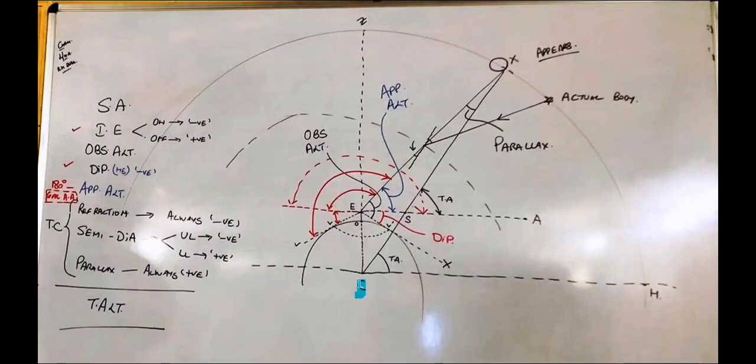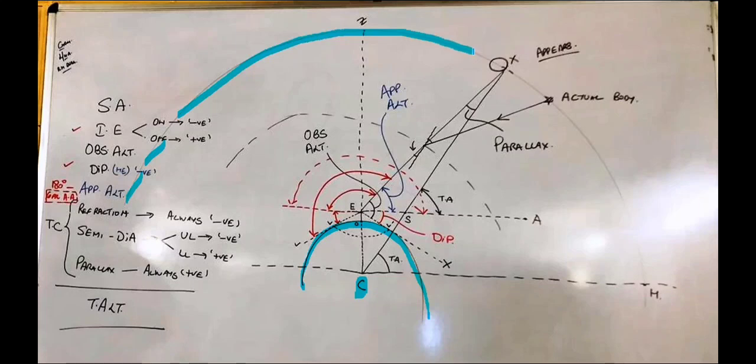Here is the center of the earth as well as the center of the celestial sphere. This small sphere which you are seeing, the smaller one, is the earth, and the big sphere which you are seeing is the celestial sphere.